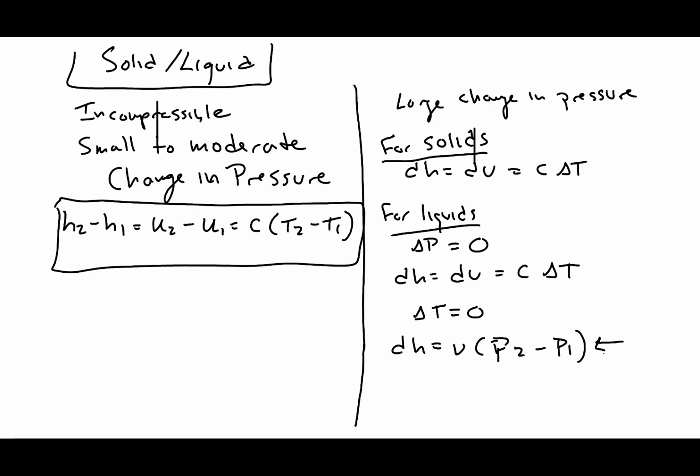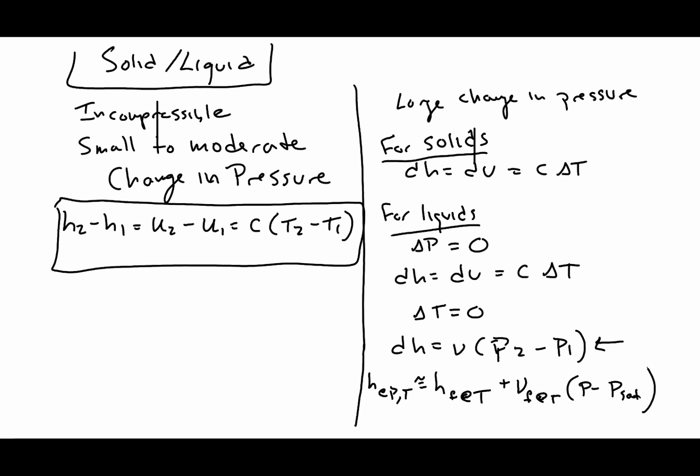If you recall from chapter 2, when we talked about compressed liquids, because this is basically a compressed liquid right now, if we didn't have data for the compressed liquid, we would say that the enthalpy at the pressure and temperature that we're interested in is approximately equal to the enthalpy of a saturated liquid at the temperature we're interested in, plus the specific volume of a saturated liquid at that temperature, multiplied by P minus P sat.